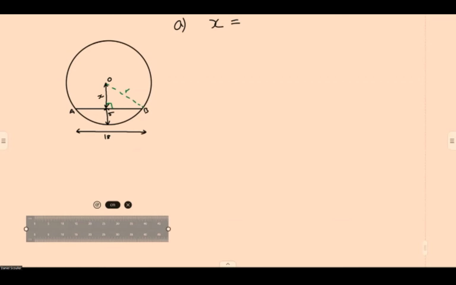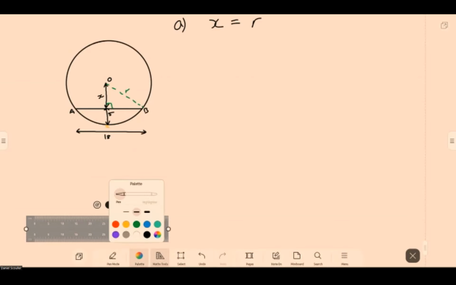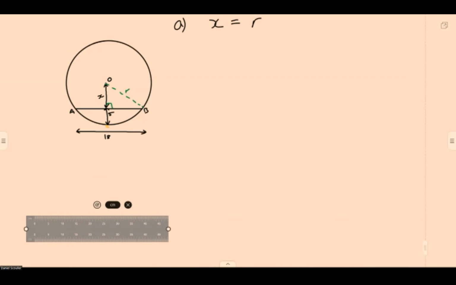So put R in there and then look back at your circle. We know that O to B is the radius, but we also know that the origin, the centre of the circle, to the bottom is that distance there.